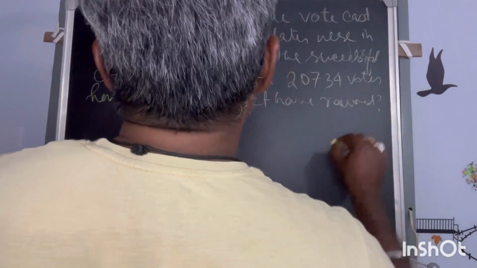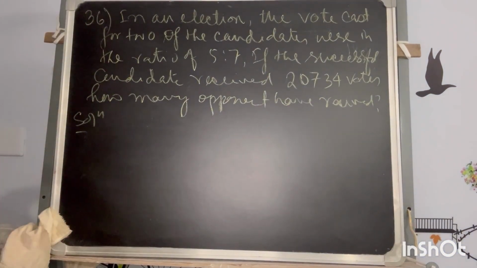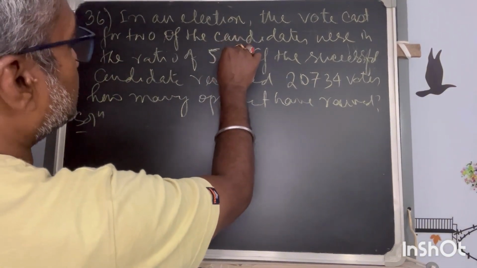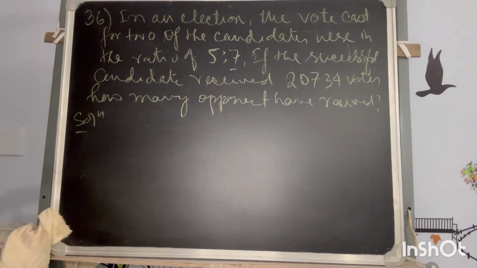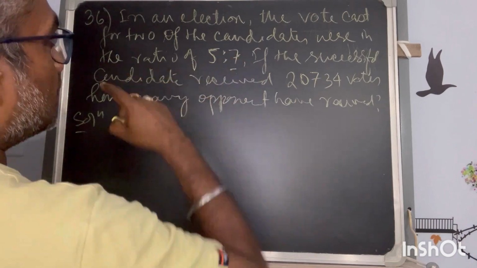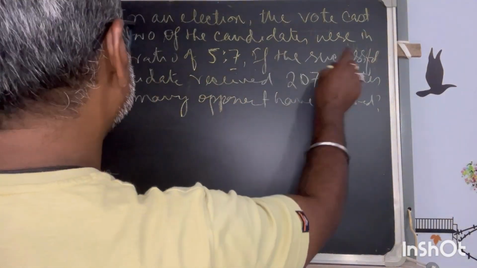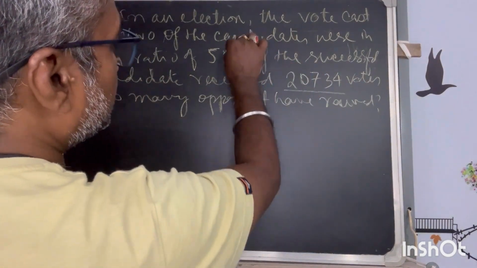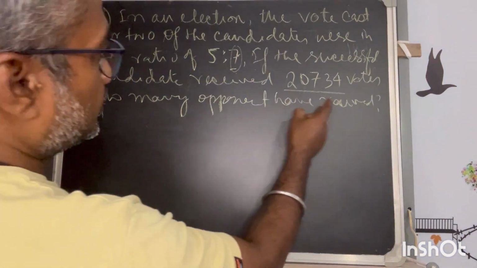Okay, so there are two parties only, so the ratio of the votes shared is 5:7. Obviously, the one who has the latter part of the ratio, the consequent part, has won definitely. And another piece of information: the successful candidate receives this much, so if this part is proportionate to this much, how much will the opponent get?